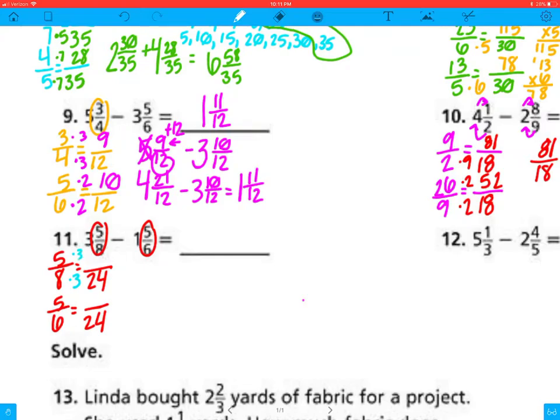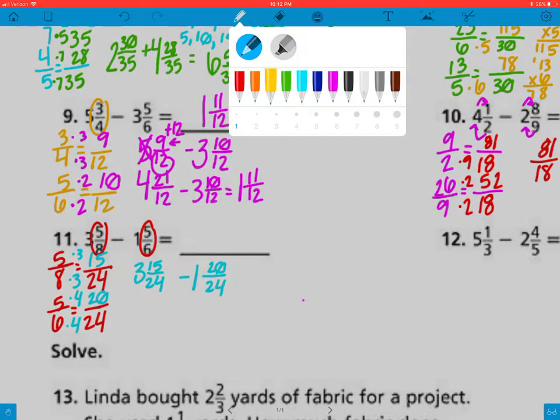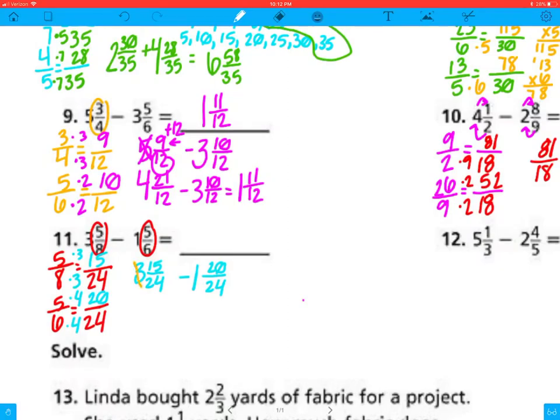I multiply by 3, get 15. Multiply the 6 by 4, do the 5 by 4, get 20. So 3 and 15 24ths minus 1 and 20 24ths. I'm in the same situation where my equivalent fraction is actually larger on my second.